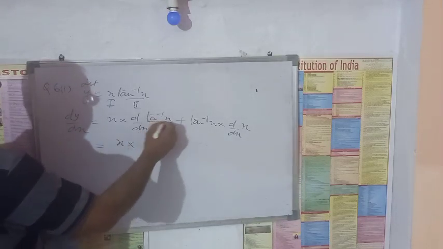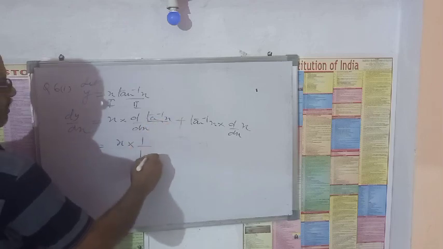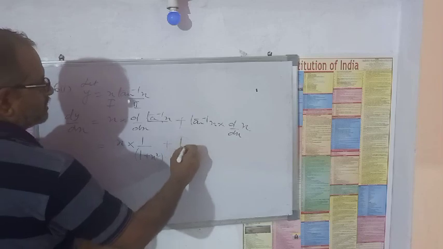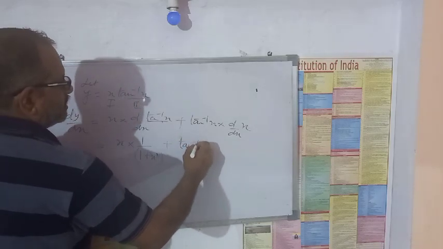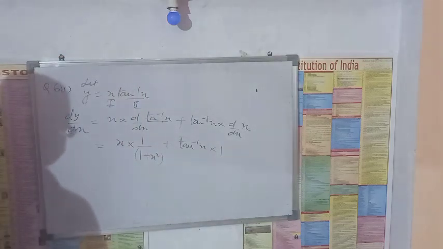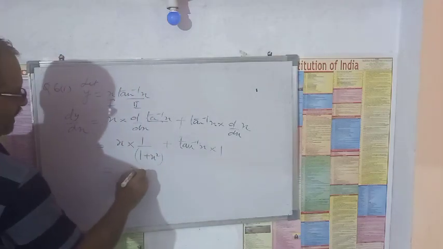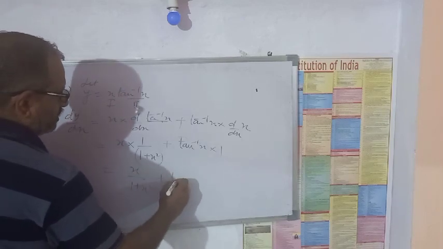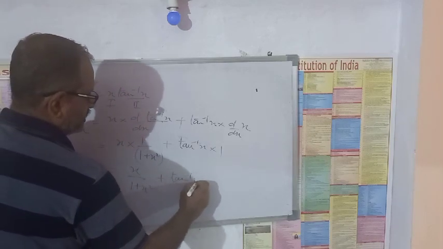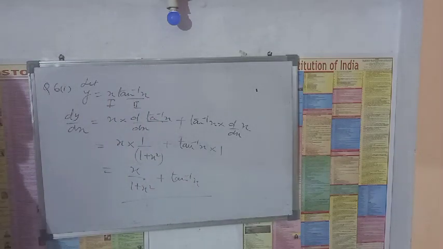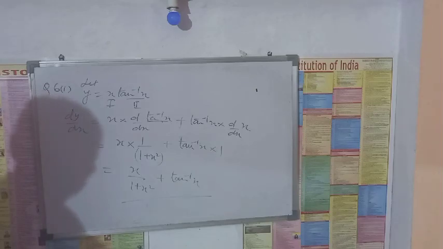X into what is the derivative of tan inverse x? 1 upon 1 plus x square, and the derivative of x is 1. So we can write it as x upon 1 plus x square plus tan inverse x.